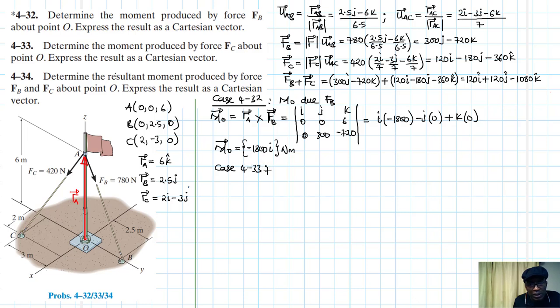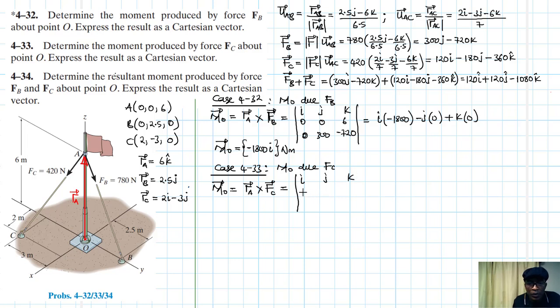All right, then let's move on to case number 2, which is 4-33. This is moment due to FC. So what do we have here? We have moment due to FC. Let's work it out. So this moment, which is a moment vector, is just equal to also RA cross FC, and this is equal to, let's plug it in our 2.